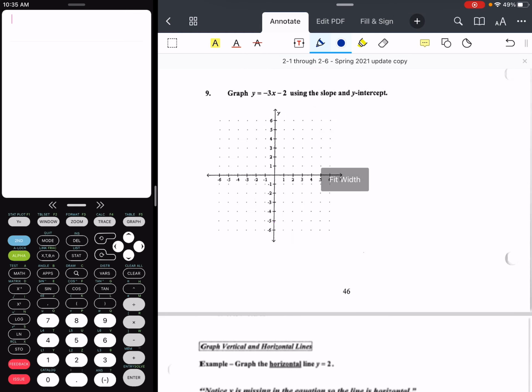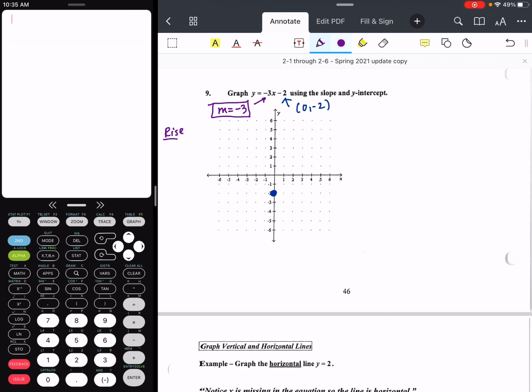All right, let's look at number 9. Graph y equals negative 3x minus 2. So I have a y-intercept of (0, -2). And then I have a slope of negative 3.